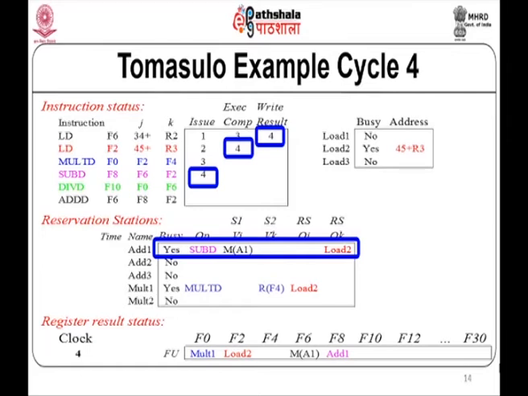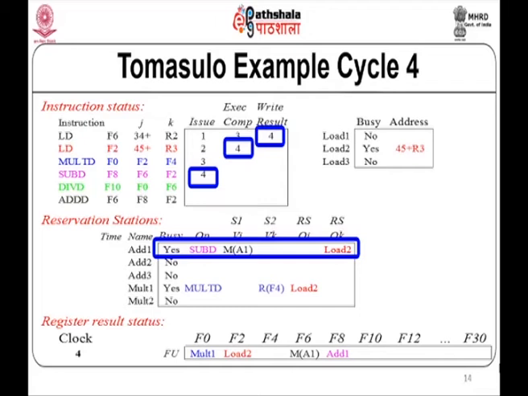And the other activity that happens in clock cycle 4 is that the fourth instruction, your sub instruction, gets issued. When the sub instruction is issued, observe that a reservation station entry is allocated for it, which is your add 1 reservation station entry. The operation is indicated as sub.